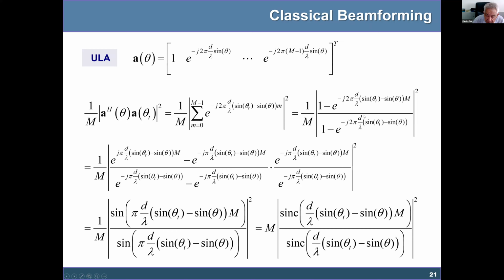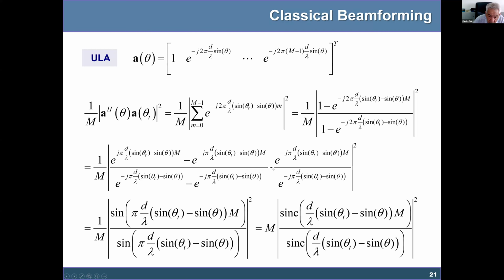Now, we want to express this term by using the sinc function. Remember, sinc of x is the sine of pi x divided by pi x. So it's a well-known function in signal theory. To express everything as a function of the sinc function, the first step is to obtain the difference of these two exponentials.